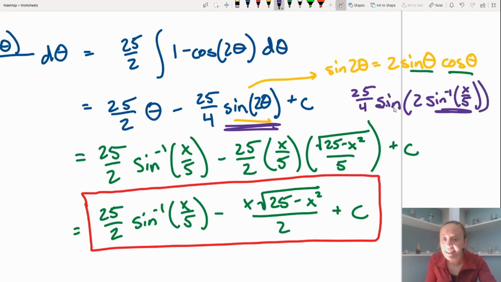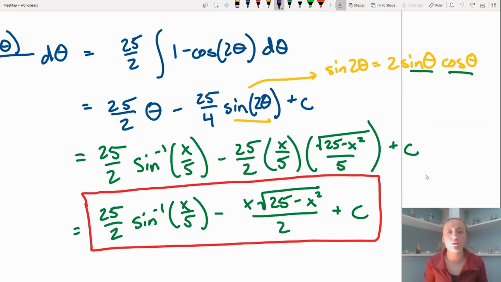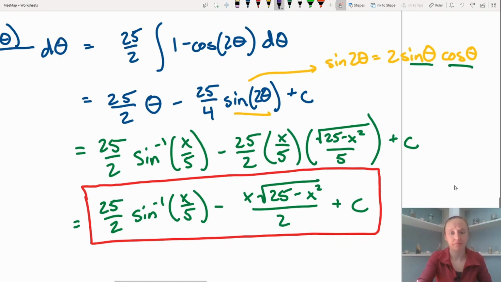There is that nesting of my trig functions, which is a lot messier than what it simplifies down to in terms of x. So when you have a trig function of theta, that's when you want to go back to the triangle. Let's go ahead and move on to one more practice problem.